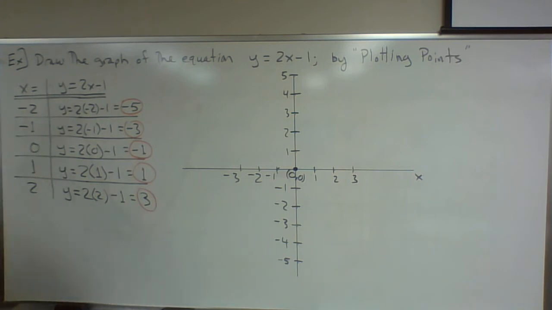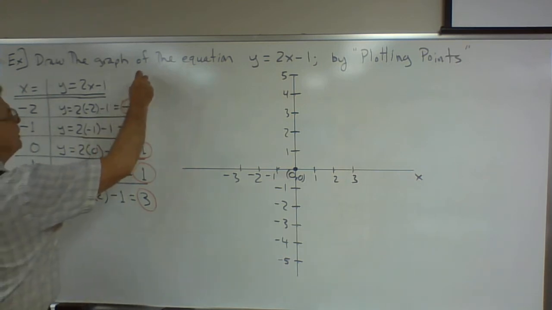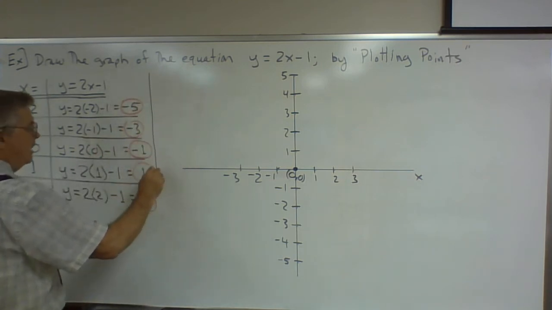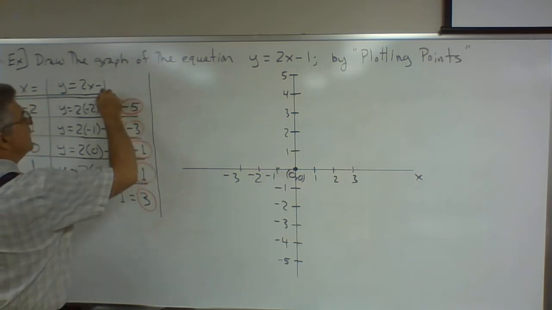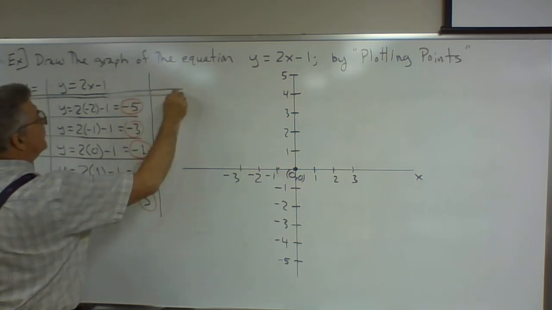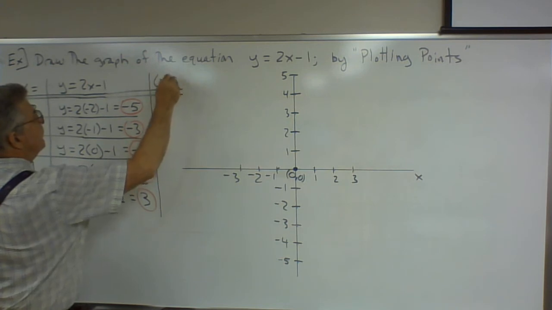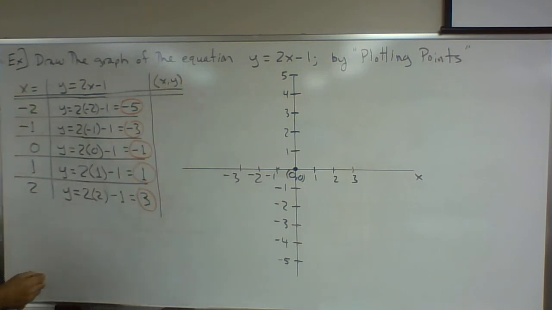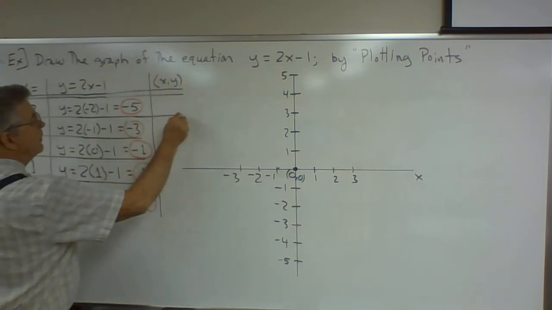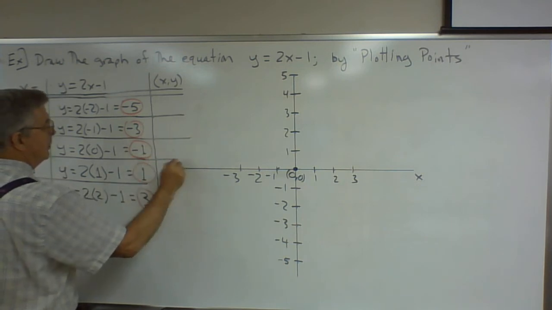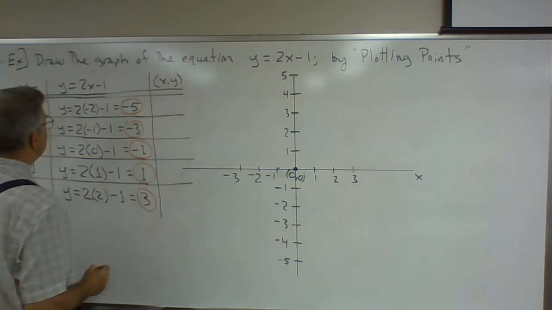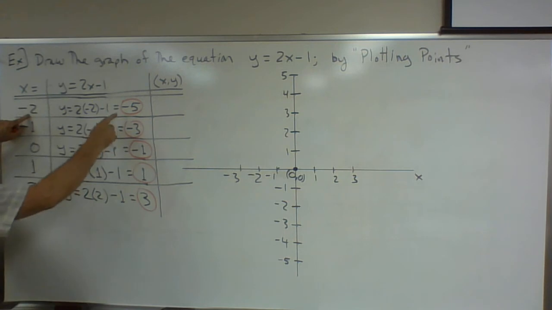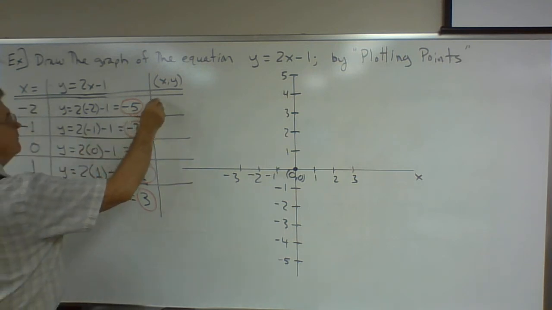Let's see, what do we find out here? I'll tell you what. I'll put another column in my table. When x is negative 2, y is negative 5.